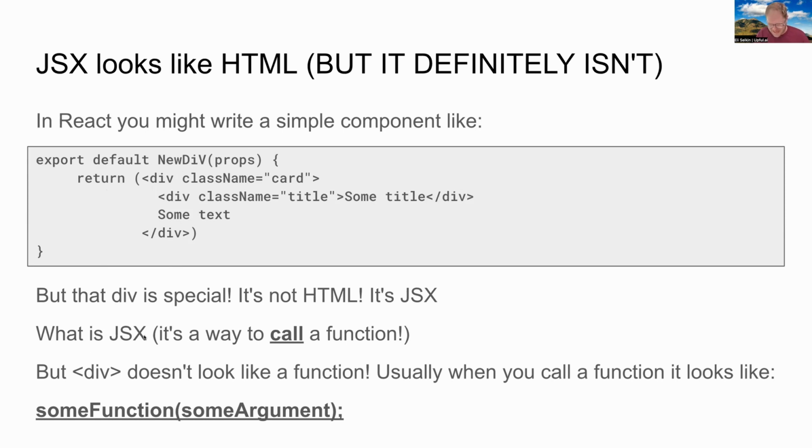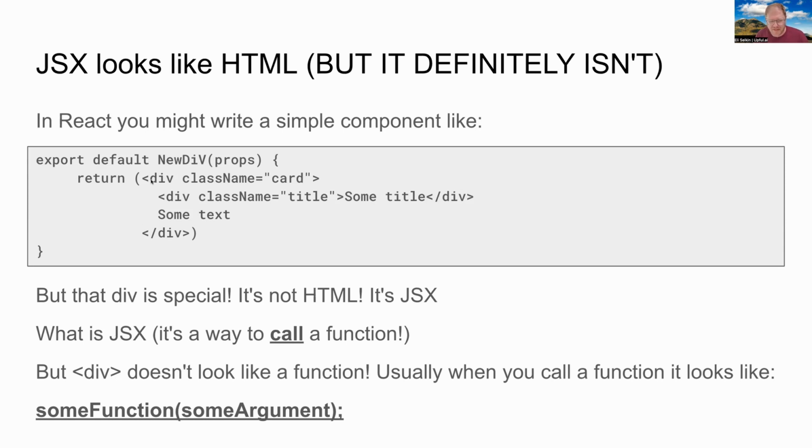What is JSX? So when you call JSX with these angle brackets around it, it's a way to call a function. And you might say, that doesn't look anything like a function I've ever called in JavaScript. But what this JSX language does is it replaces those function calls with something that looks a lot like HTML.